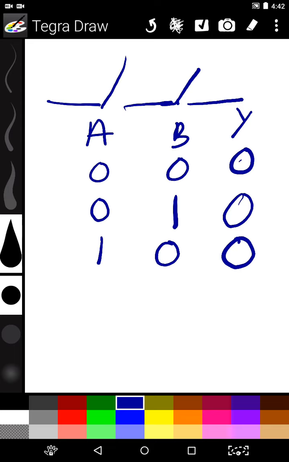When both A and B are closed switches, we obtain the output, so the output will be 1. For the AND gate, only when both inputs are 1 do we get an output. In every other case, the output is 0.